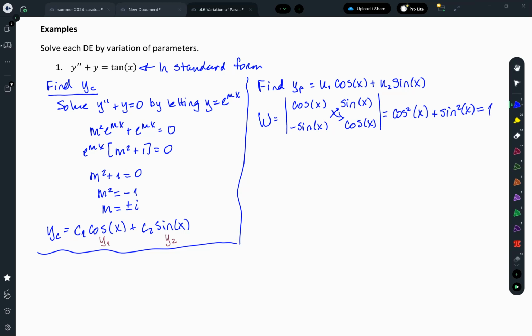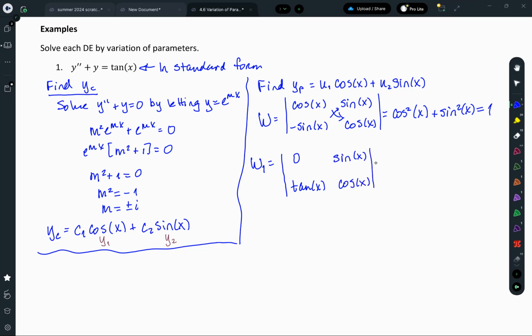Okay? Next, I will find W1. W1, that 1 tells me change the first column. So my first column will now be 0 with the tangent of x, since that's our g of x. My second column remains the same as it was in W, sine of x, and then the derivative of sine of x, which is cosine of x.